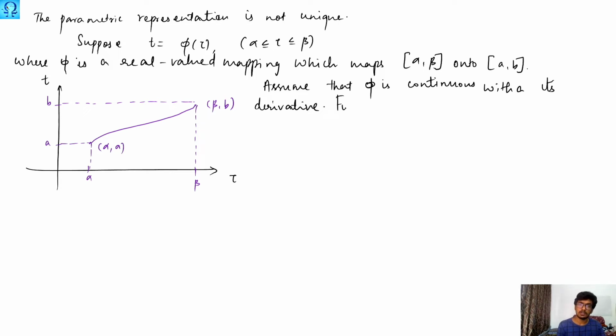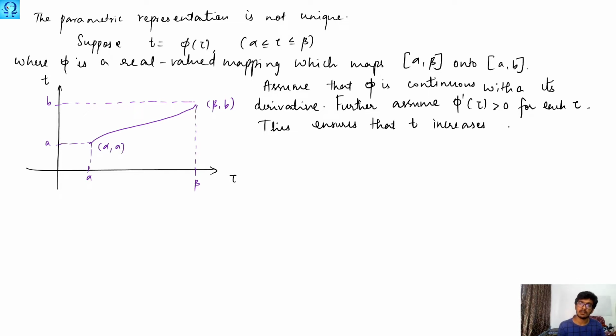And further assume that phi prime evaluated at tau is positive for each tau. If this is assumed, this ensures that t increases with tau.